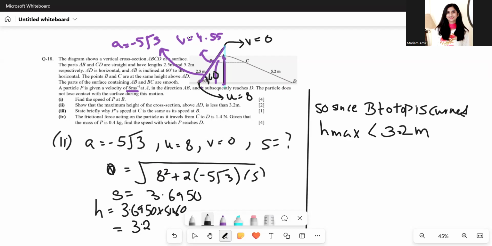So the actual perpendicular height needs to be less than 3.2. Again, you can use the conservation of energy equation here to find H and then show that it's less than 3.2.